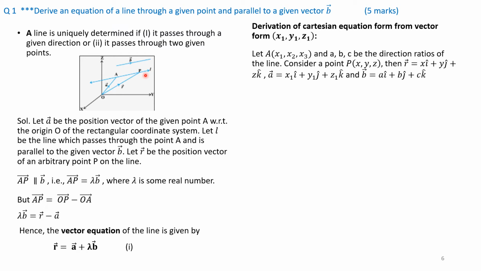Then R is equal to xi plus yj plus zk. And vector A is given by x1i plus y1j plus z1k. And B is given by ai plus bj plus ck.